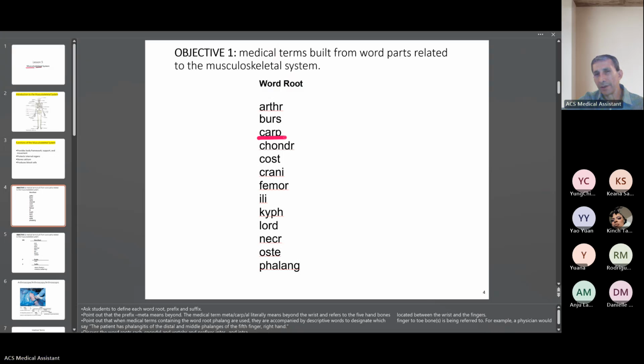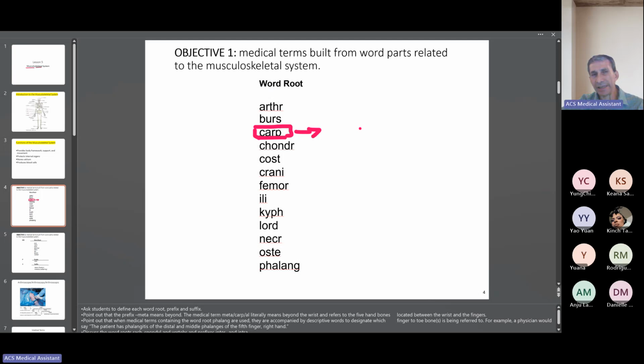Carp, these are the bones of the hand. So once again, these are bones from the hand. Carpals, metacarpals, and fingers. So this will be the wrist bones.